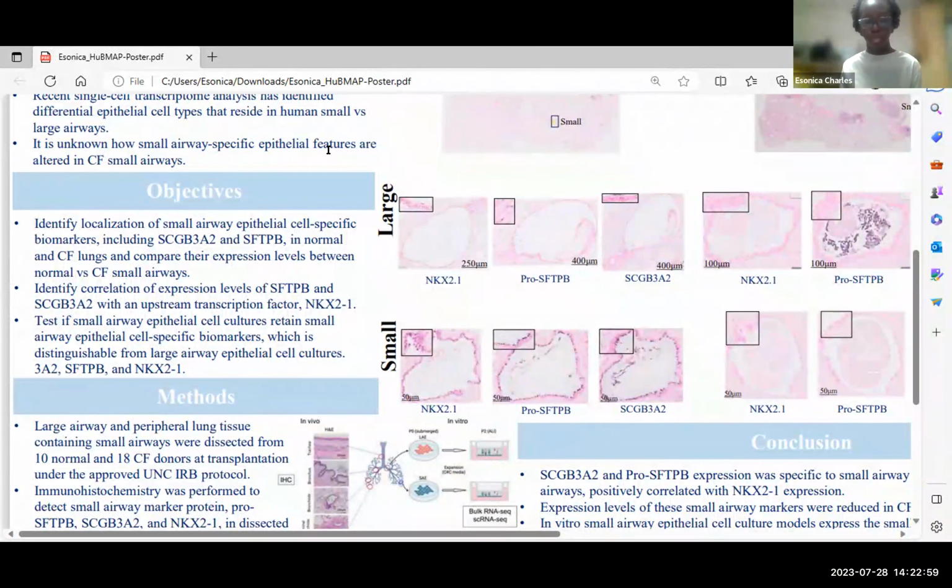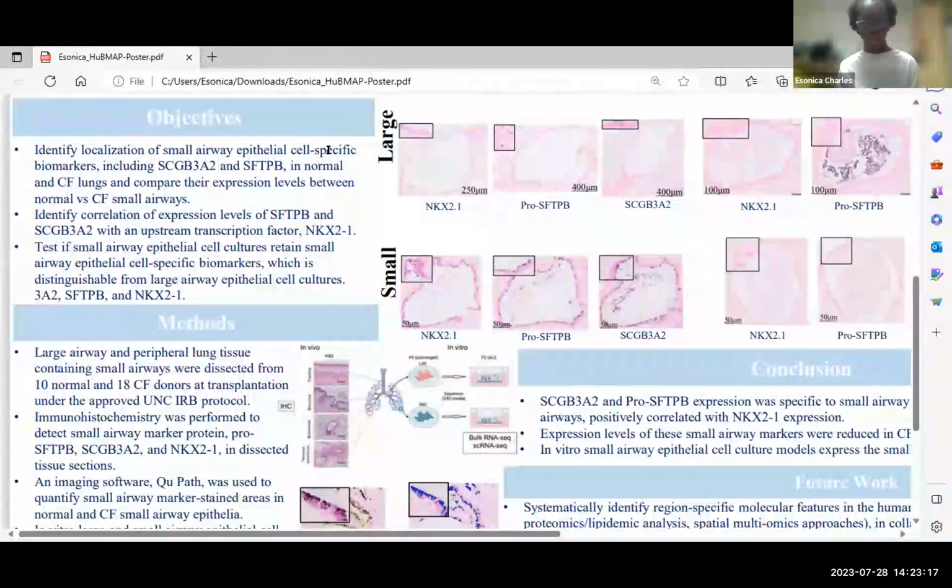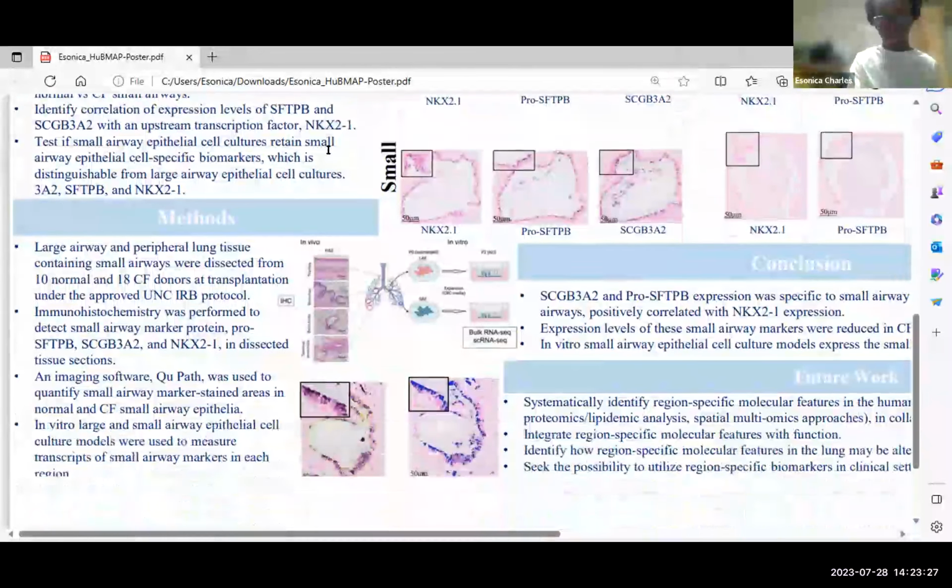The next objective was to identify correlations of expression levels for total SFTPB and SCGB3A2 with the upstream transcription factor NKX2.1. And then we wanted to test if small airway epithelial cell cultures retain those specific biomarkers, which can be distinguished from large airway cell cultures.